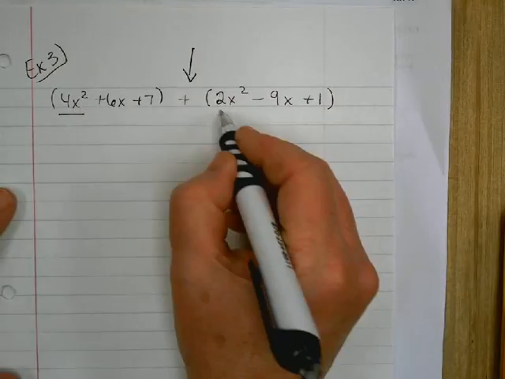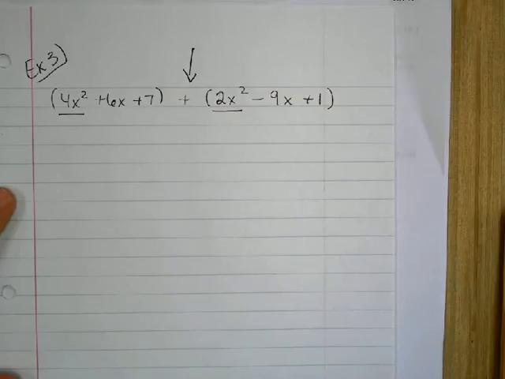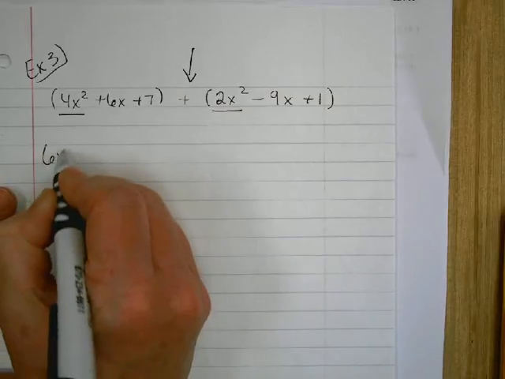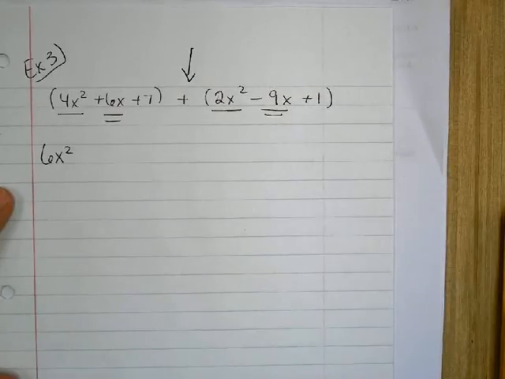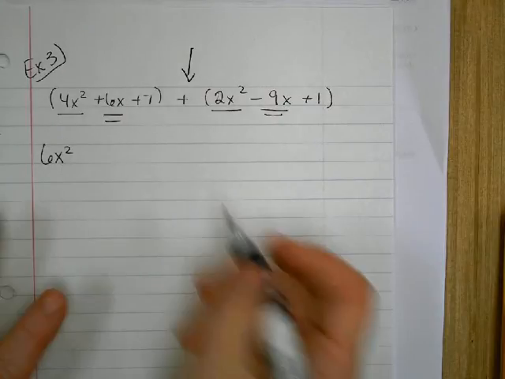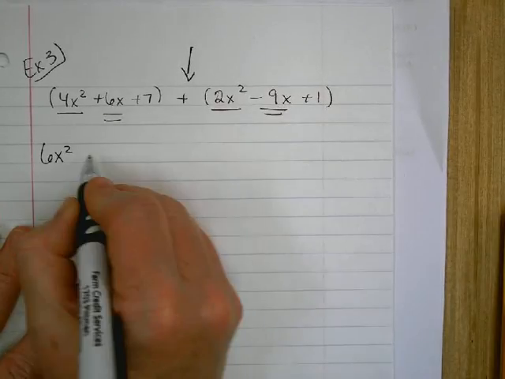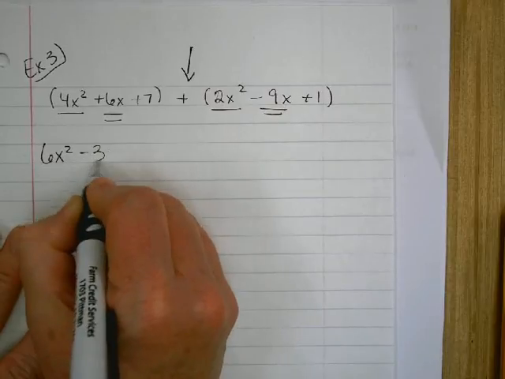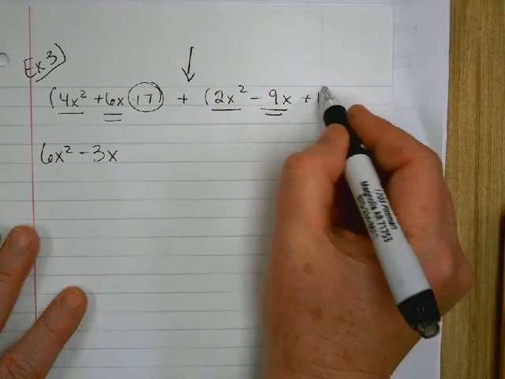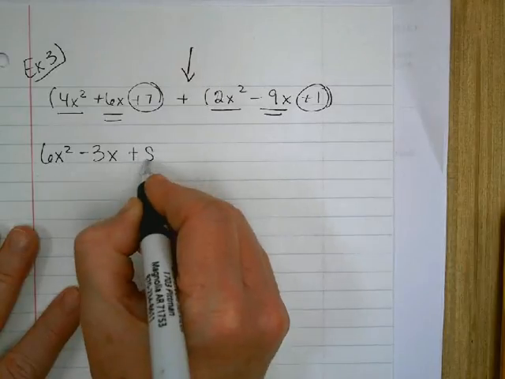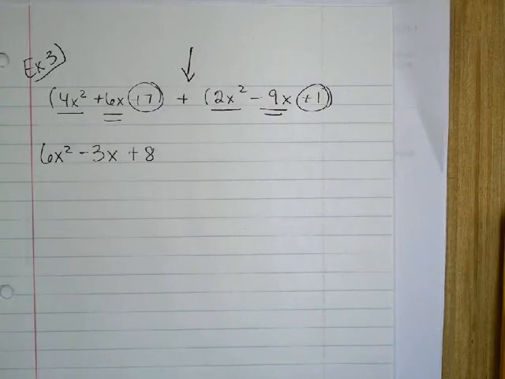And when you add them together, what do you get? Good. Is there anything that matches 6x? Negative 9x. Be careful that you take its sign with it. So 6 minus 9 is, okay. And is there anything that matches the 7? And that makes 8. Can we do that? That's simple. There's no trouble with it.